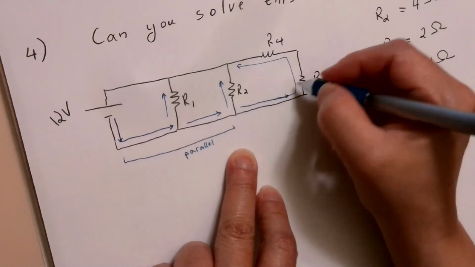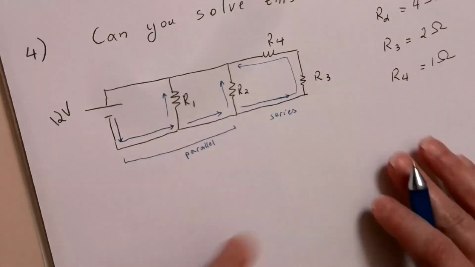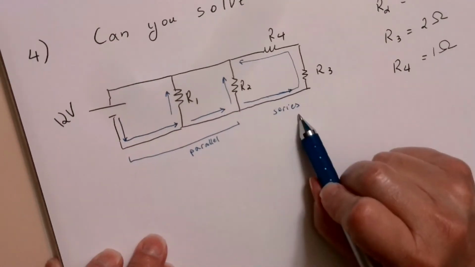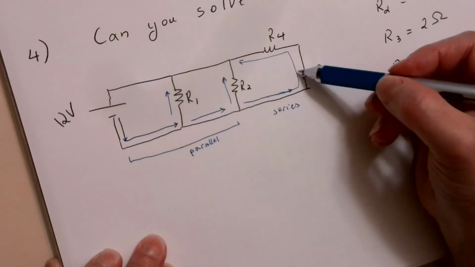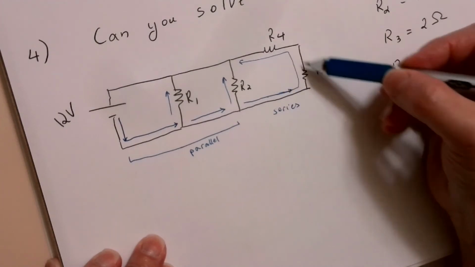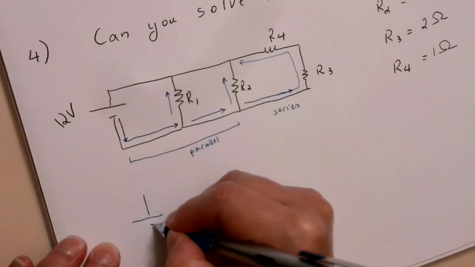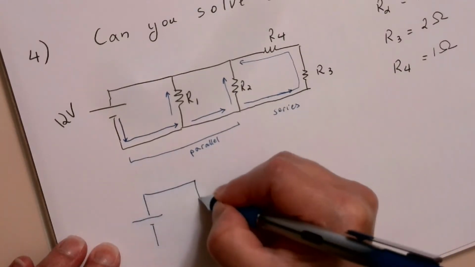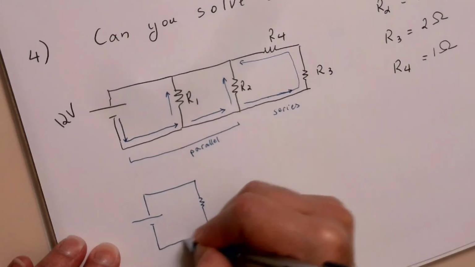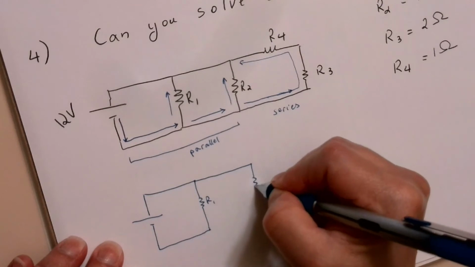So those two resistors are in series, okay. So basically what this means is that those two resistors being in series, I can find the equivalent between those two and calculate the equivalent resistance. So now I have a circuit that looks like this. So I did not touch R1. This is still R1. I did not touch R2.